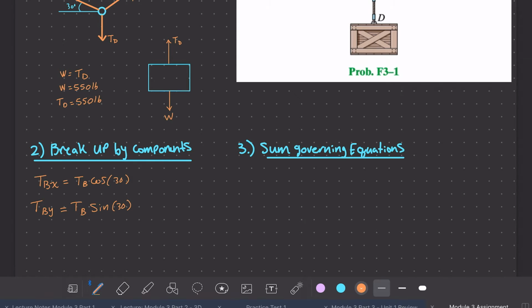And then for TCX, it's equal to TC times 4 over 5. Marking that free body diagram number 2. And then for TCY, it's equal to TC times 3 over 5.